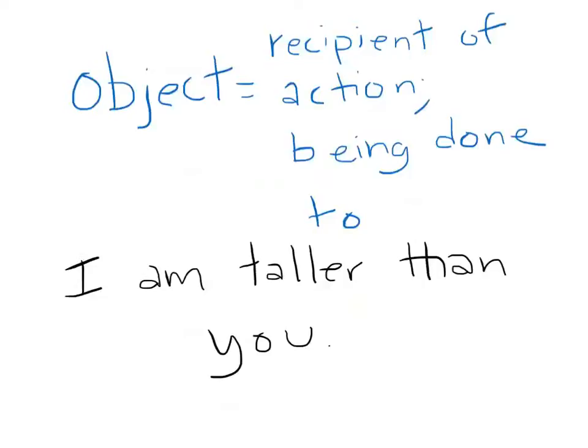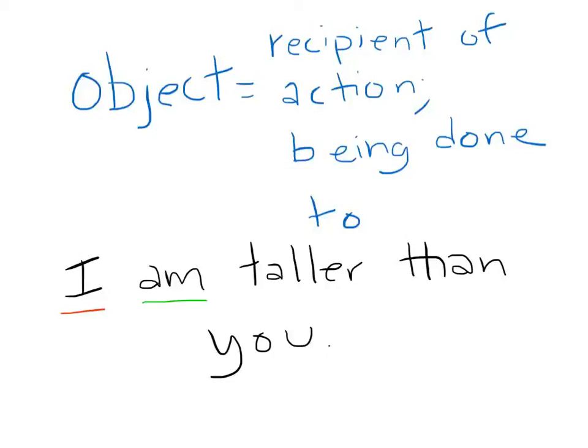Here, we can immediately tell that I is the subject and am is the verb. But is you the object? No action is being performed on it after all. Someone is just stating that he or she is taller than someone.